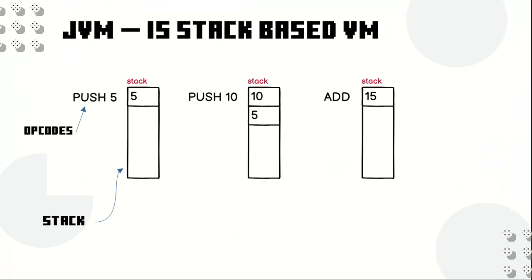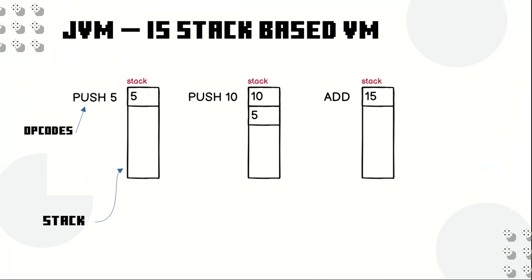We have opcode push 5, some data. We added 5 to our stack. Push 10, added 10 to our stack, and then executed opcode addition, and finally get 15. And that's how stack-based virtual machines work.